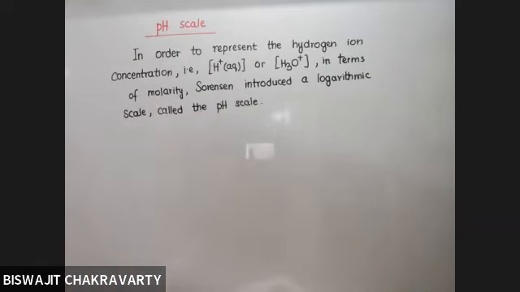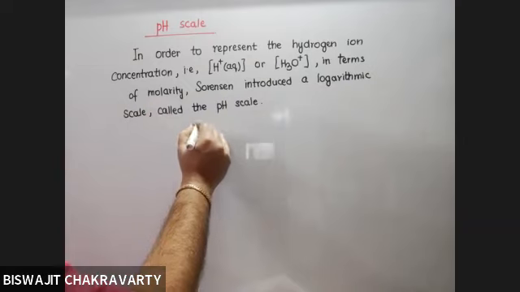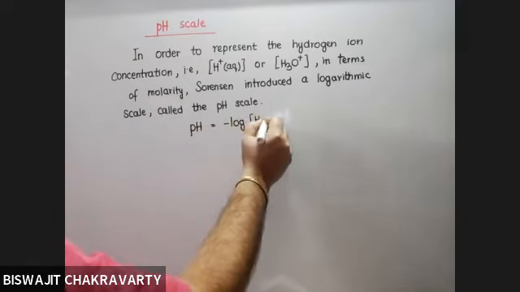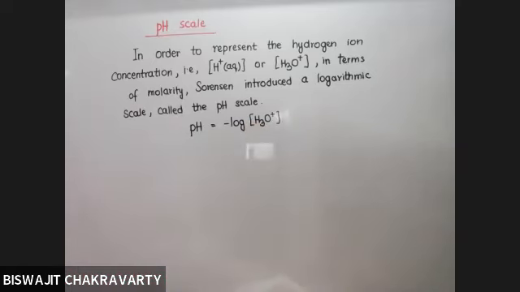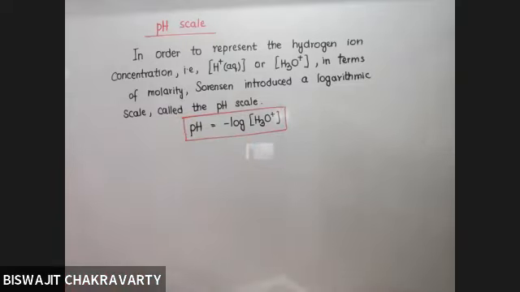So pH stands for minus log of H3O plus. So minus logarithm of H3O plus is called the pH.